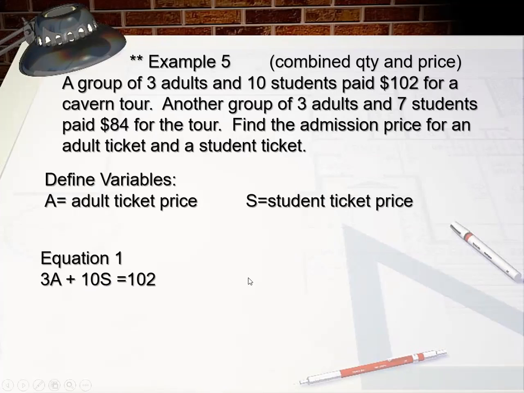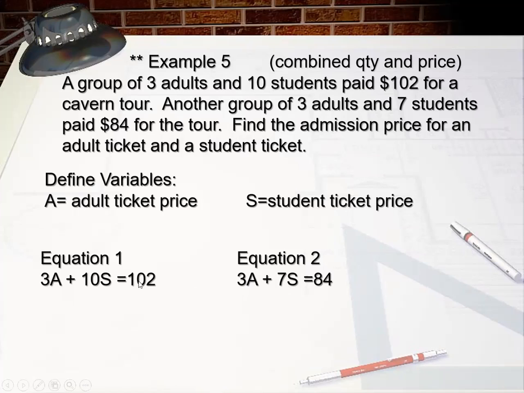All right, equation 2 said 3 adults and 7 students paid $84. 3 adults plus 7 students equals $84. So that's why I called this combined quantity and price, because basically you're doing that second equation for each group here.